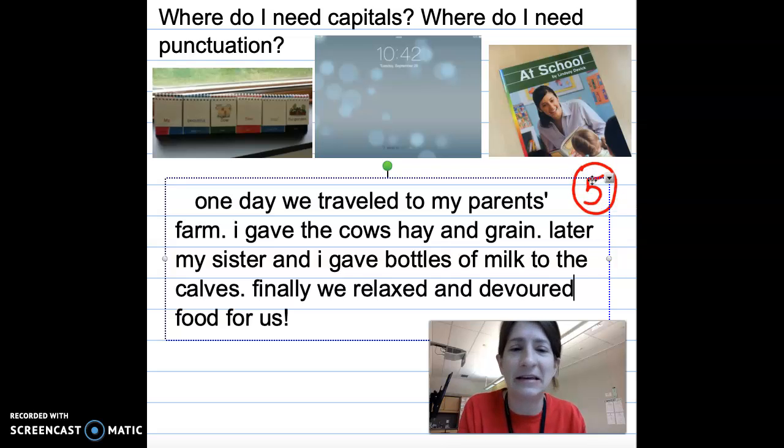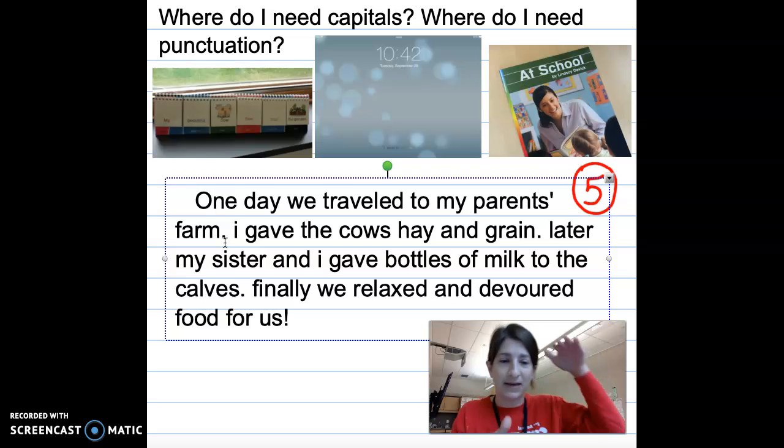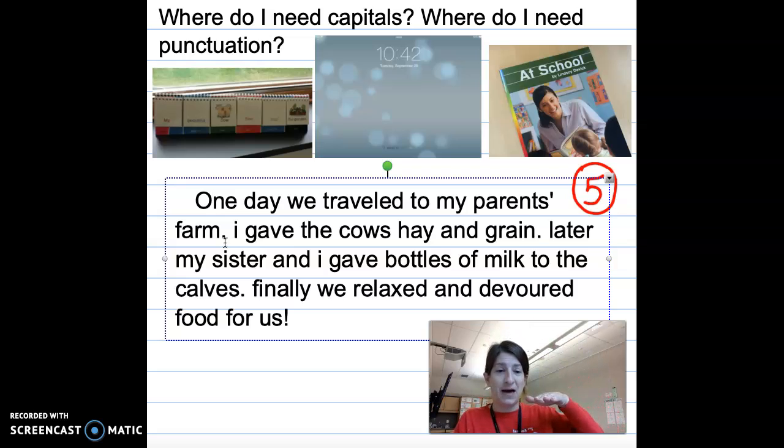Now, I need 5 places where I have capital letters. Let's see. Beginning of my sentences, that needs to be a capital. When I have punctuation, I'm going to make the punctuation go from the bottom line, bounce it up like a basketball to make that a capital.